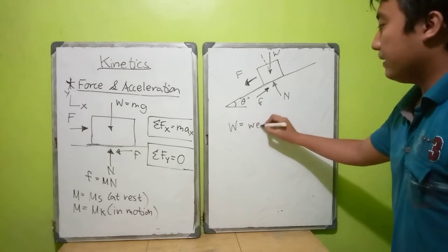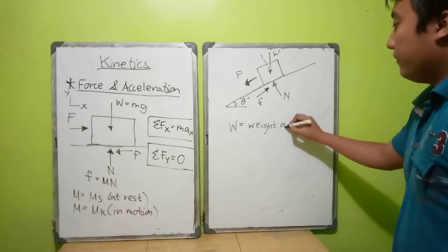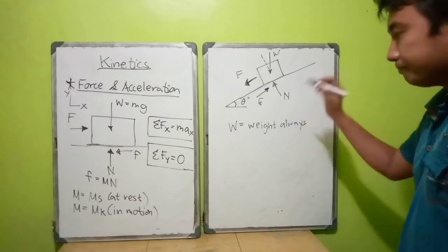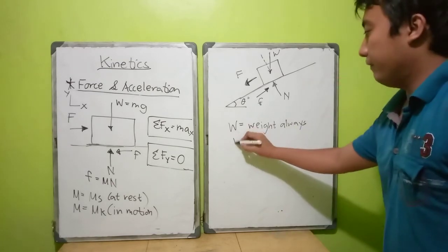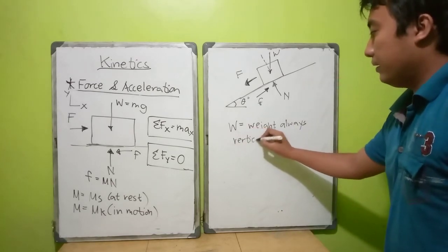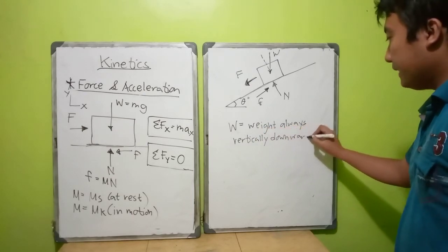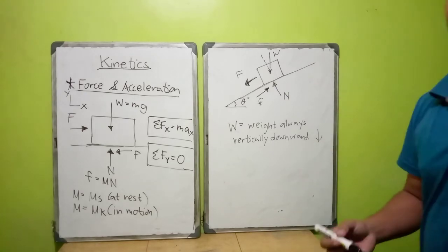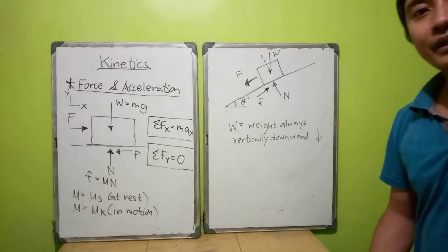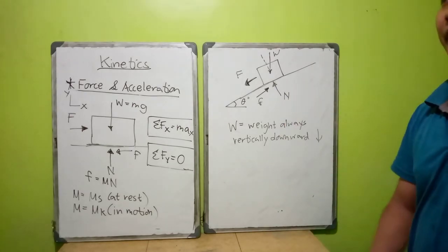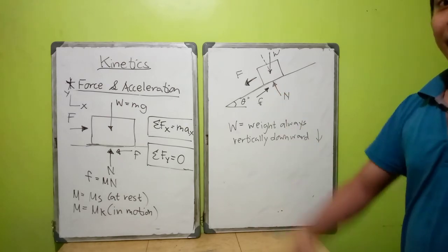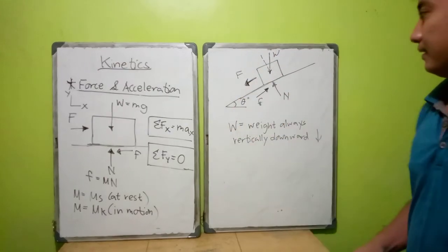is always vertically downward. So it always acts like this. It doesn't matter what your position is or the position of your particle, it will always be down.